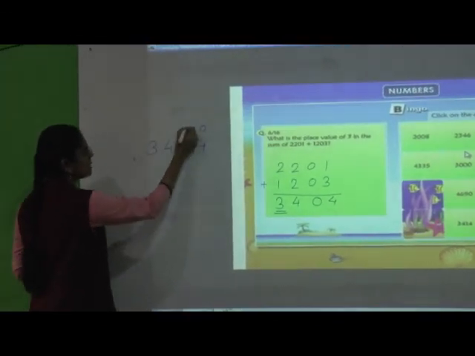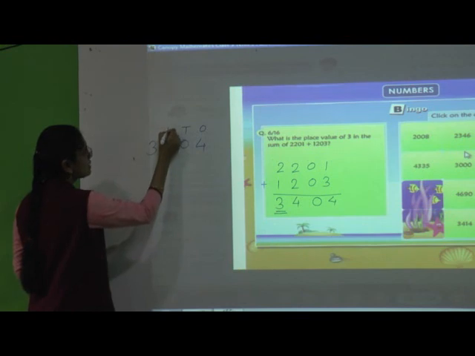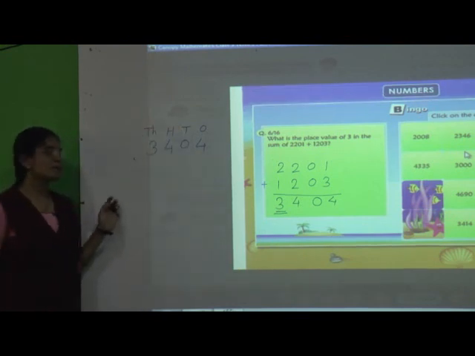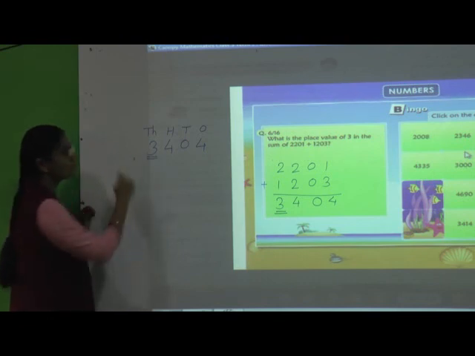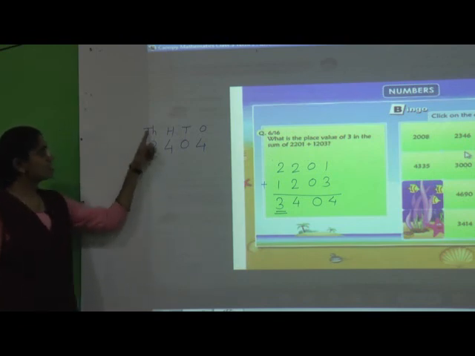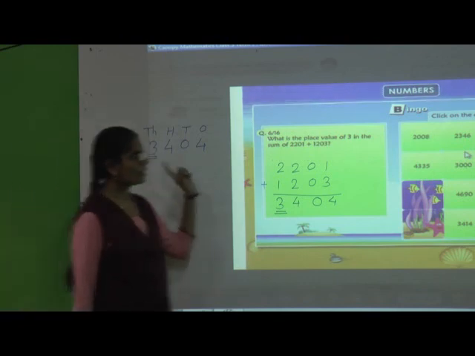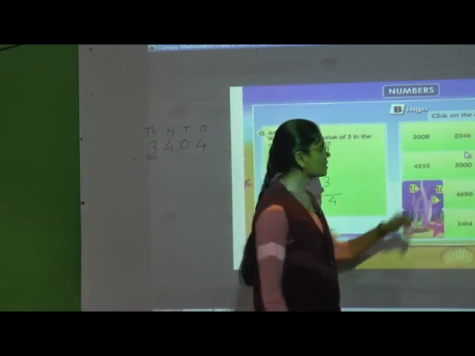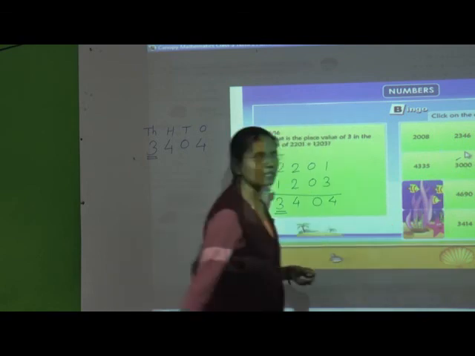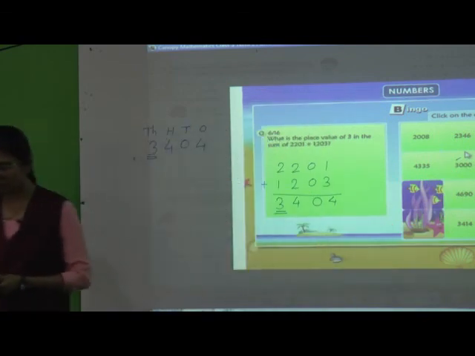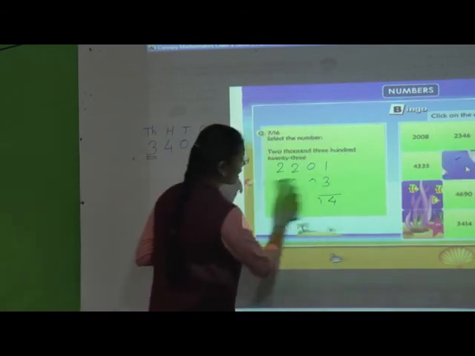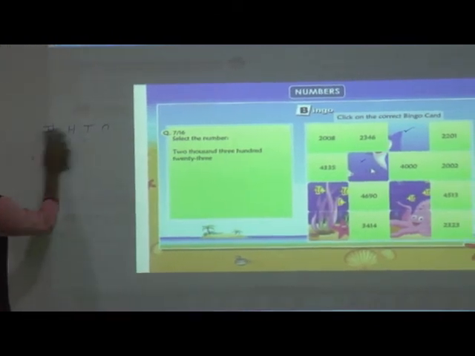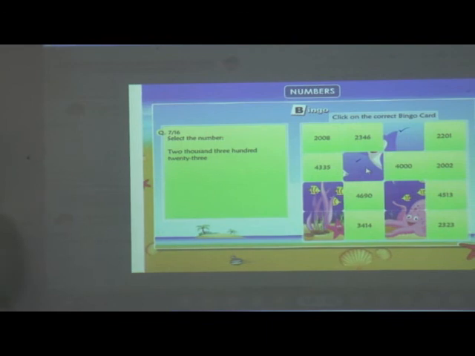This is ones place, this is tens place, this is hundreds place, and this is thousands place. So what will be the place value of this 3? Yes, 3000. So find our answer here. Where is the 3000? Yes, the number is here. Let us see whether our answer is correct or wrong. Yes, we got the star, means our answer is correct. Now see the next question. Read the question carefully.